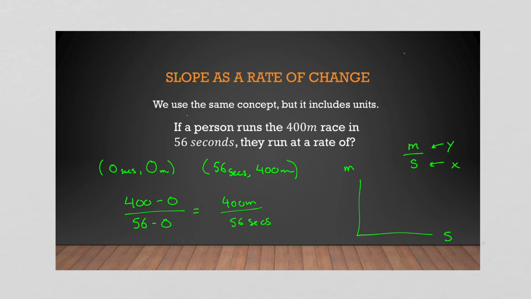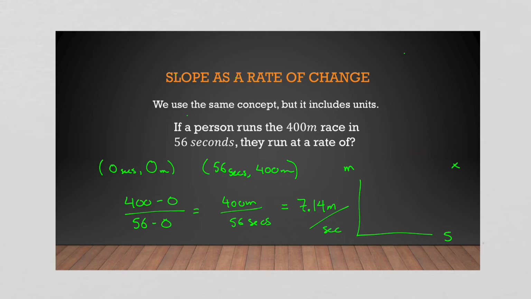And what this tells us is 400 meters in 56 seconds. So break that down into 1 second by just dividing by 56. And in this case, 400 divided by 56 gives you 7.14 meters per 1 second.